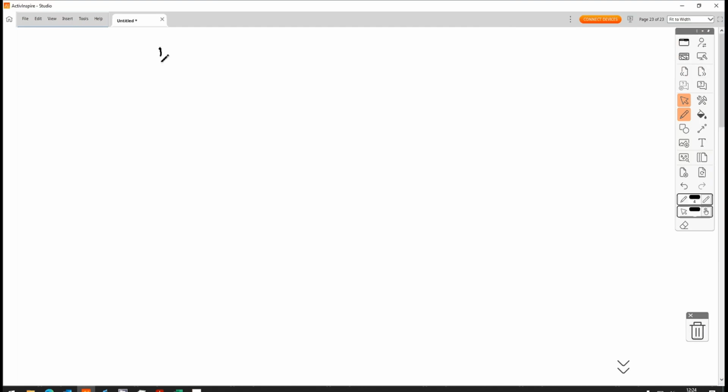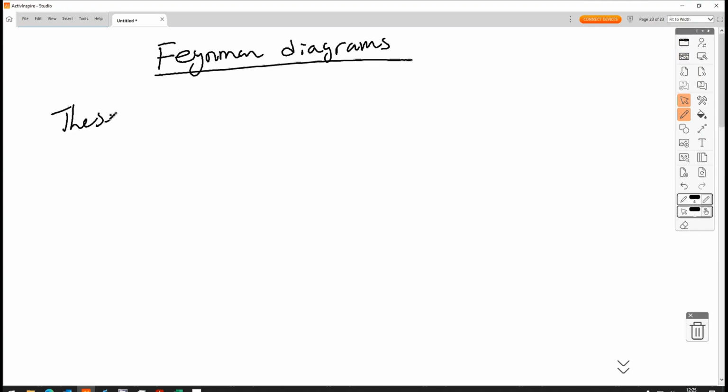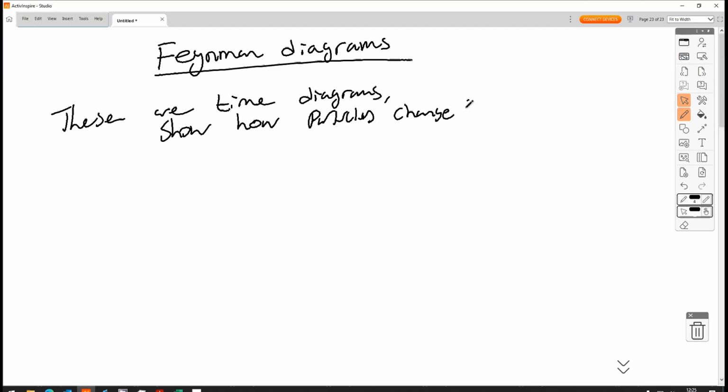And we show these interactions using Feynman diagrams. Now, Feynman diagrams are time diagrams, and they show how particles change or interact with time.